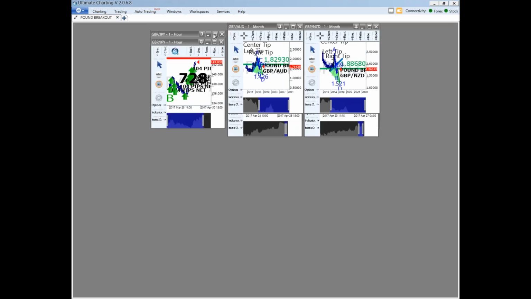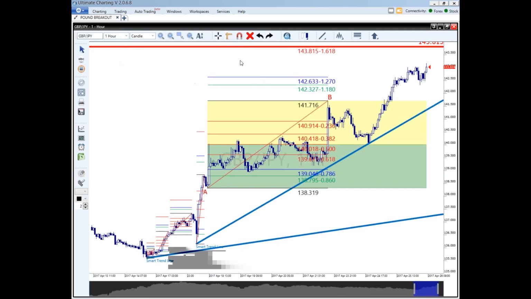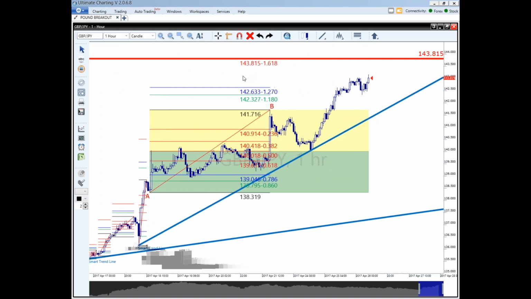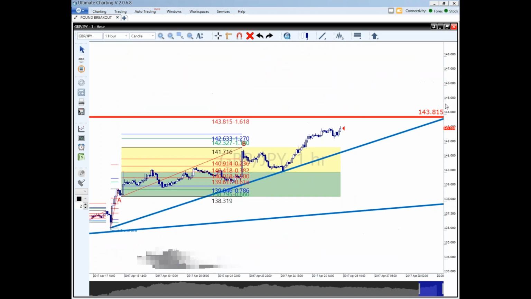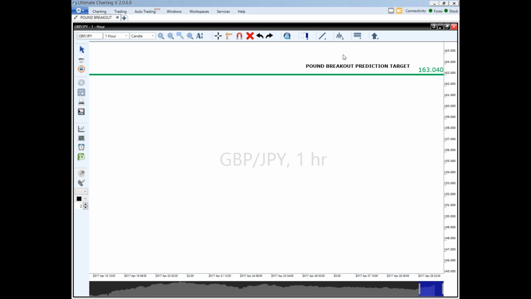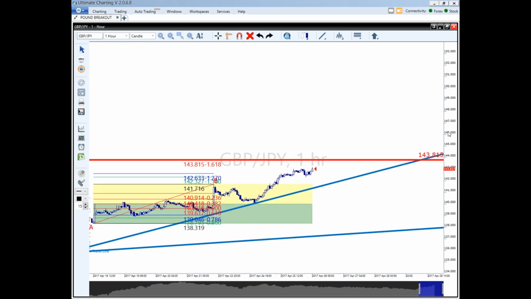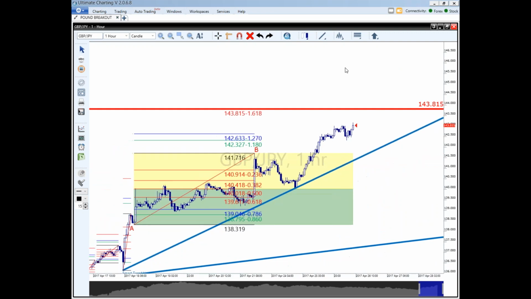So by looking at the smaller time frames, such as the 1 hour chart, we're looking for the market to fulfill our up A, B, C, D swing. Now you can see here, there's the pound prediction target right there on the pound Japanese yen on a 1 hour chart. As of right now, this is the up A, B, C, D swing that we're seeing here.